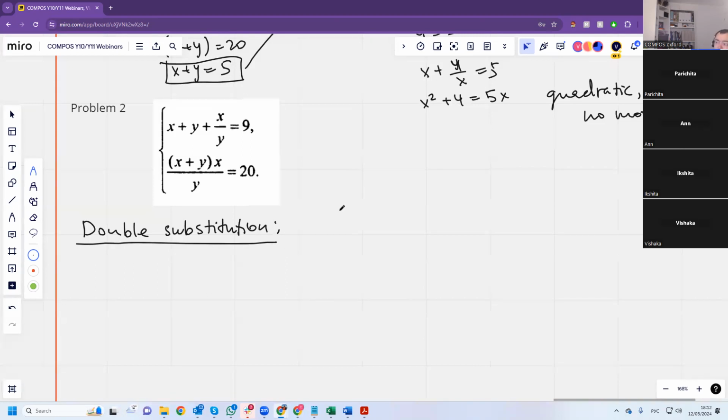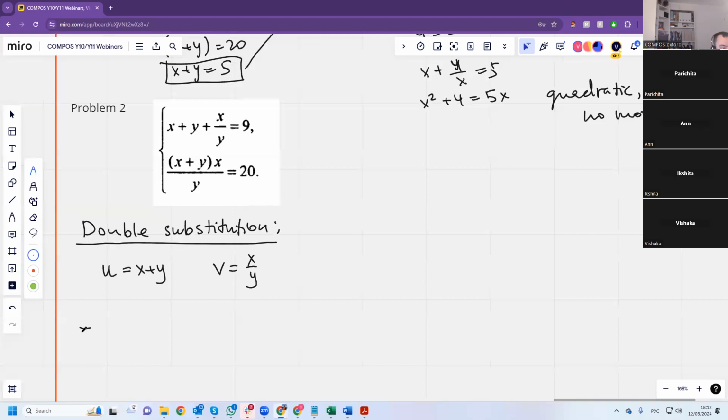Yes, Parachita, very good. Absolutely. So let's do, I'll just use U and V. I'm more used to using U and V. U is equal to X plus Y, and V is equal to X over Y.